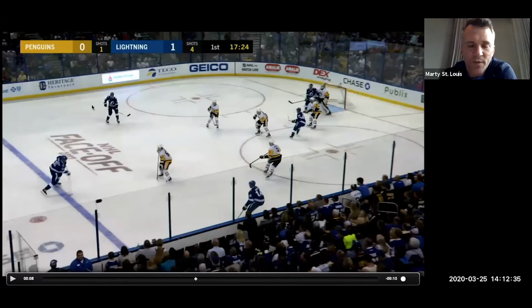Look at all the spots filled. To me, one of the most important things in the offensive zone is not having two guys duplicating a job. So watch my cursor. I don't like this guy being in front of the goalie as well, because now you have two of our guys, and then you probably have one or two of their guys.